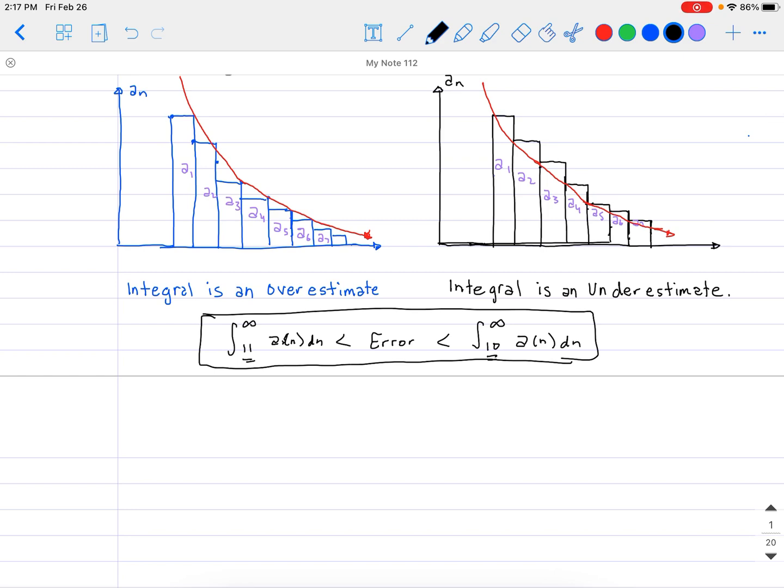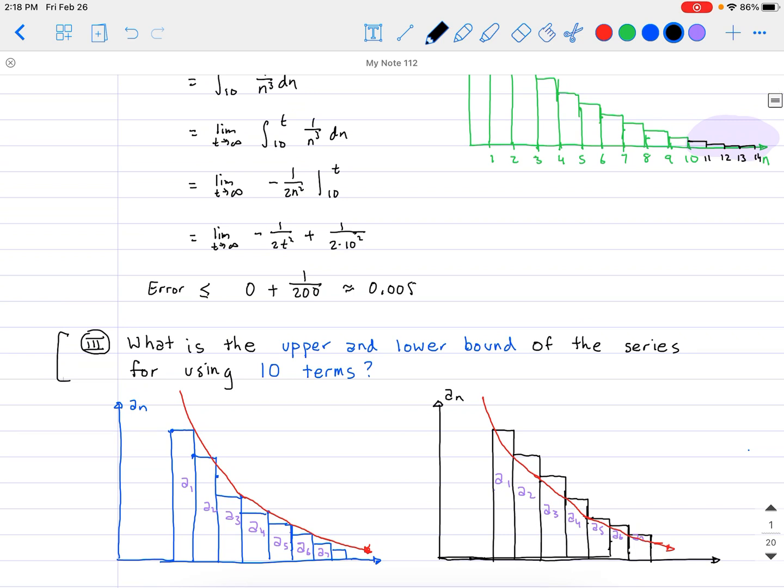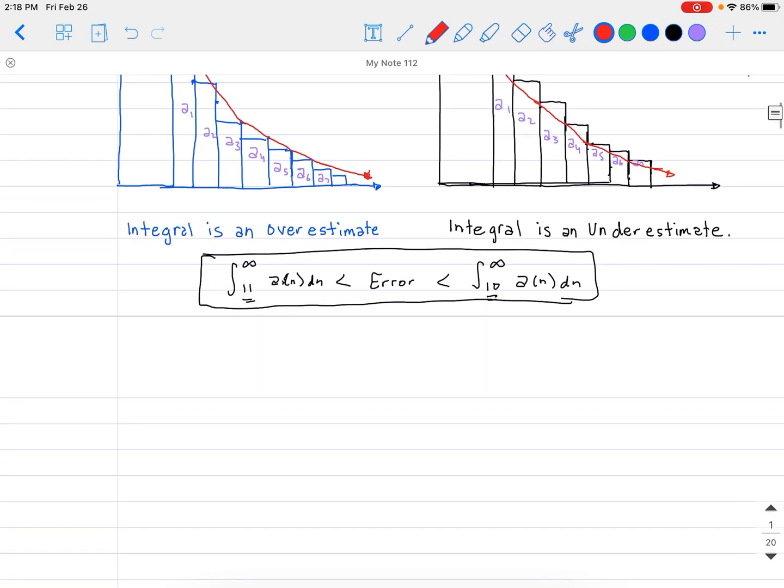And I feel like what we did previously is going to help out over here, because this guy right here, let me go ahead and box it, is going to allow us to determine what that is, because we're going to have to use it again. Here, let me write it out. If I were to expand this out, it would say the limit as t approaches infinity of the integral from 11 to t of 1 over n cubed dn is less than the error.